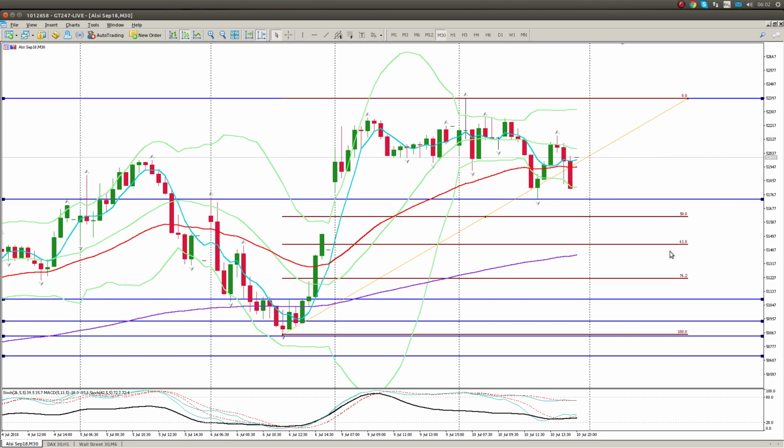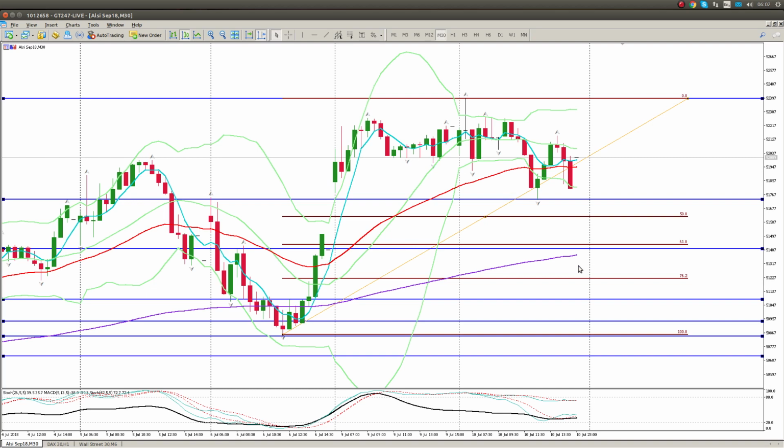Okay, so a 61.8% retracement would be the gap close. Now there is a little level here, which is right on the 61.8, which is probably worth looking at as well. So that's a 51430, and you probably move it down to that level there. So call it 51400. So this 51400 area would be a very interesting area as well.